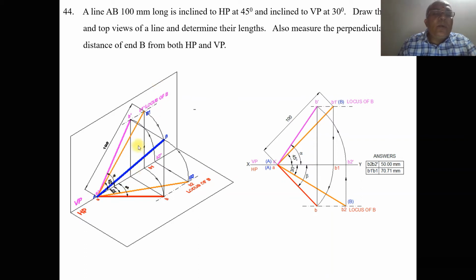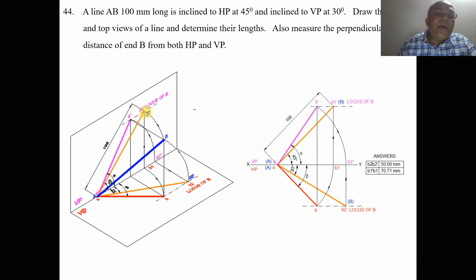So here when we are rotating this, because we have the locus of B in the top view, with capital A as center, you're taking the radius of capital AB1. When you rotate, then what happens in space? The point B1 is going to move with respect to capital A. Till what? Till we get the locus of B in the top view.